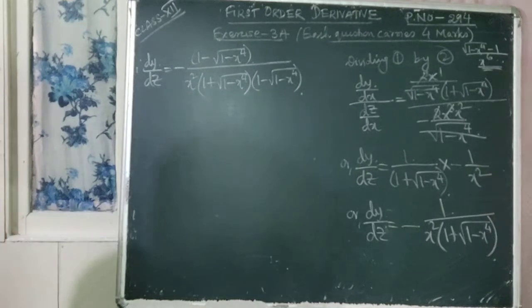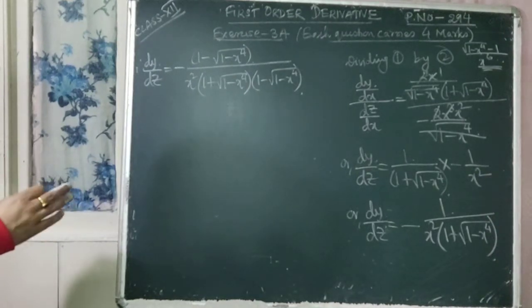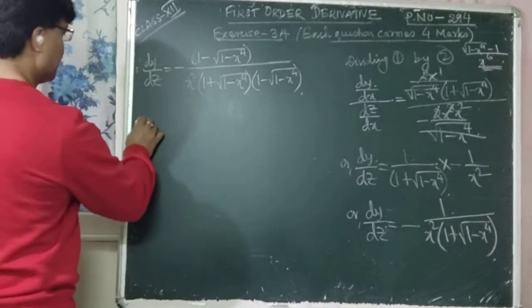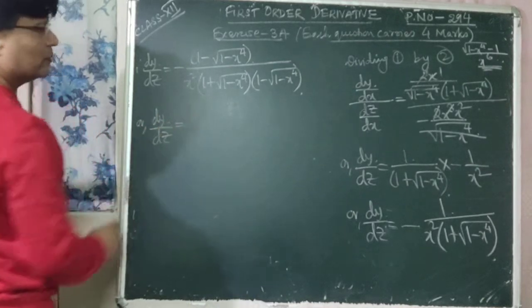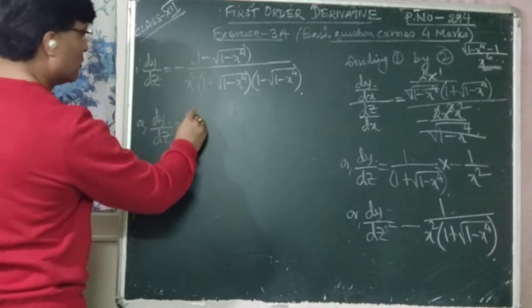So the denominator is rationalized, or dy by dz is equal to, now here multiply by minus sign, what do we get?